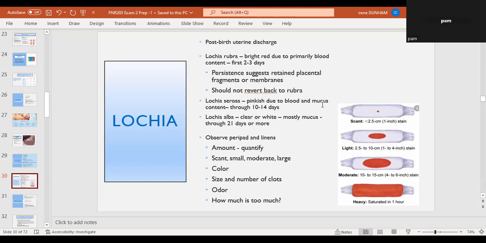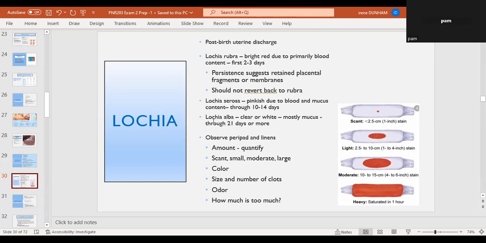Now, the different colors. So you have the rubra first 2 to 3 days, like I said. Then you go to serosa, which is pinkish. You've got blood and mucus in there, and that's usually from day 3 to day 10 or day 14. That's your serosa time.